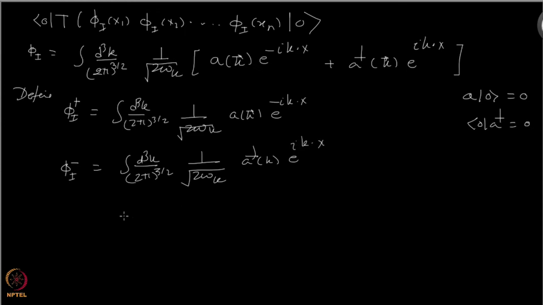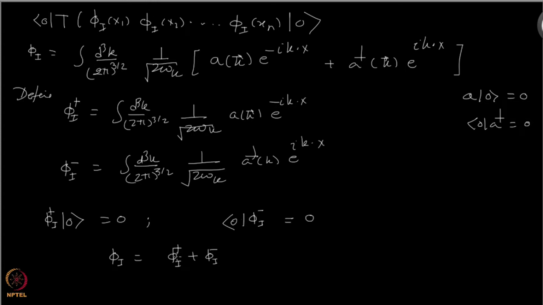Which means that if I take phi I plus and act on the ground state, I get 0, and if I take phi I minus and act on the ground state in the bra form, I get 0. So this is how I will write my phi I. This operator is a sum of these two operators.